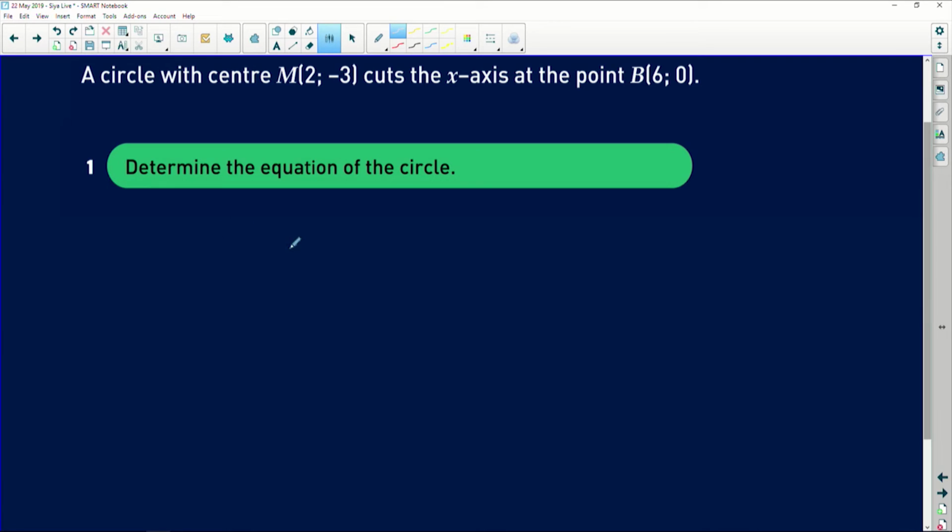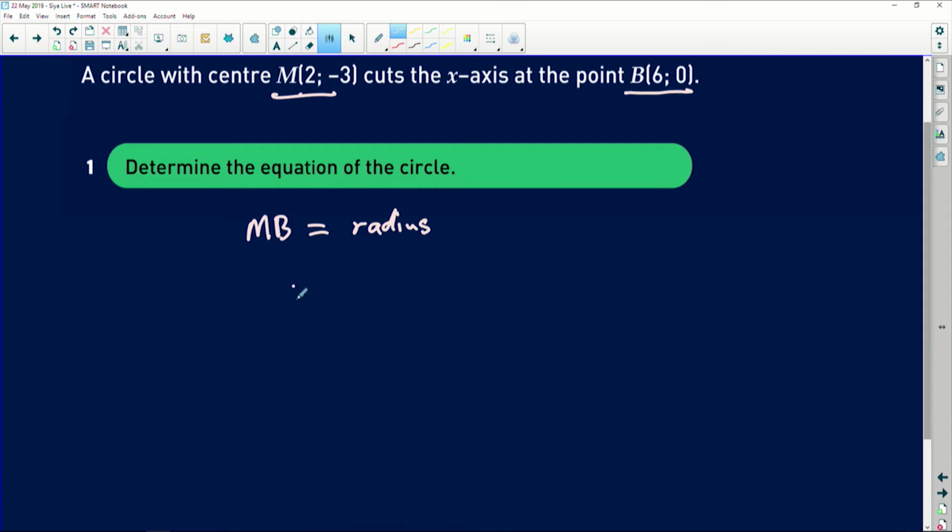Now, I know for a fact that this point here is the center, and I know that this point lies on the circle that we are given. So the distance MB will be equal to the radius of this particular circle.